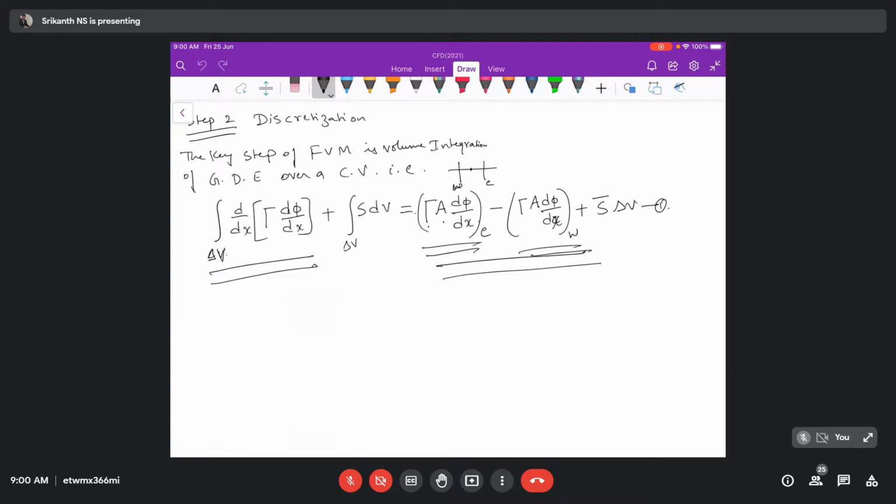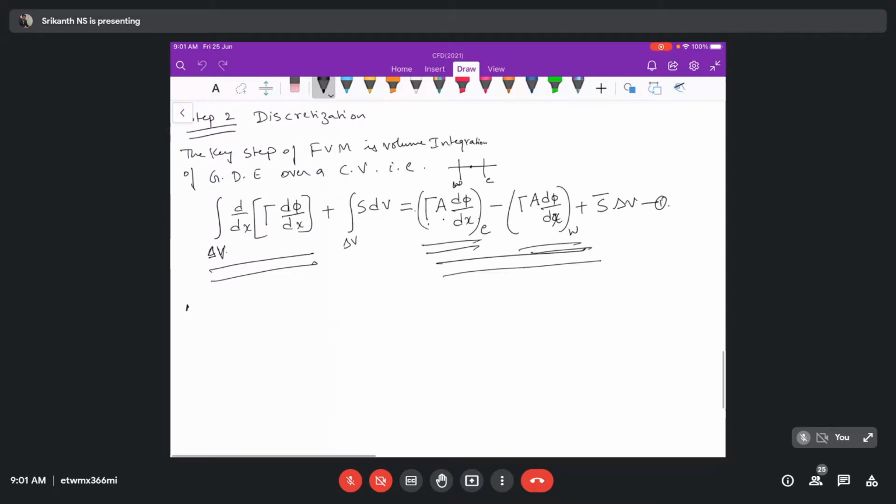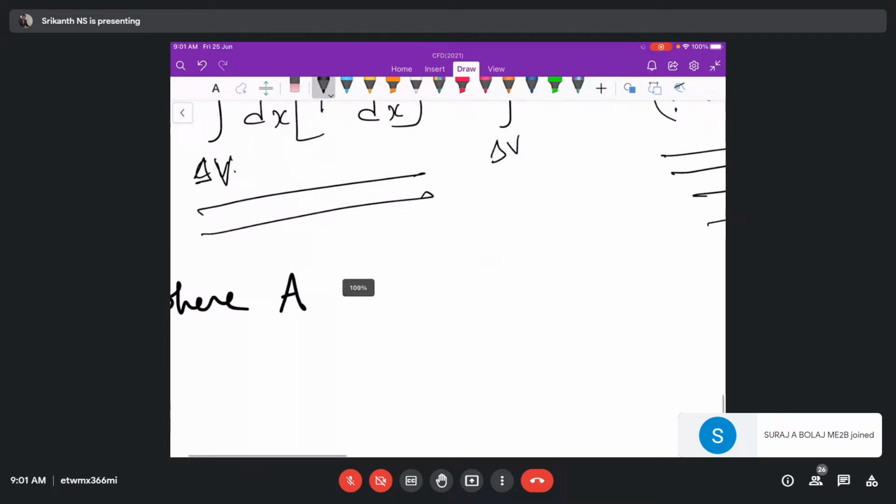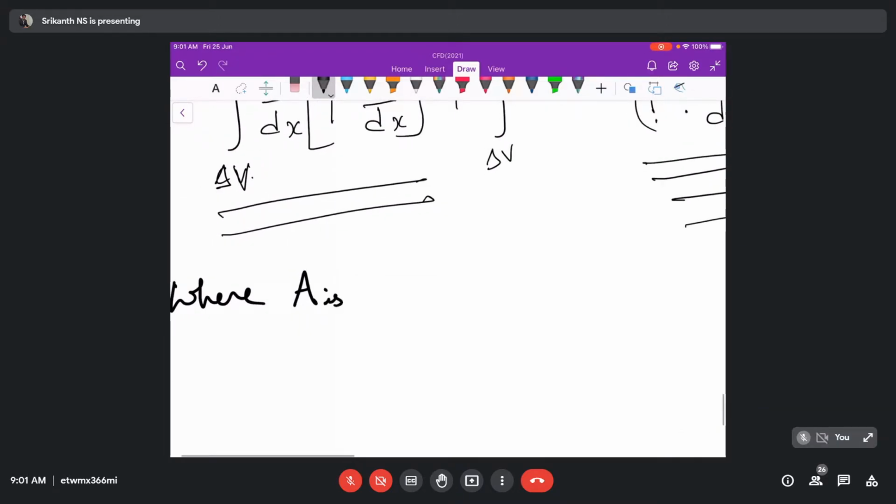Now, what is our next step? Now we shall try to discuss this. So we shall try to write this, explain this equation 2, equation 1, and then we will continue. Okay. So you can write it here. After you discretize it, we'll try to define these terms. So you can write along with me where A is control surface, sorry, where A is the control surface area of control volume, because every control volume is defined with the help of area, right?